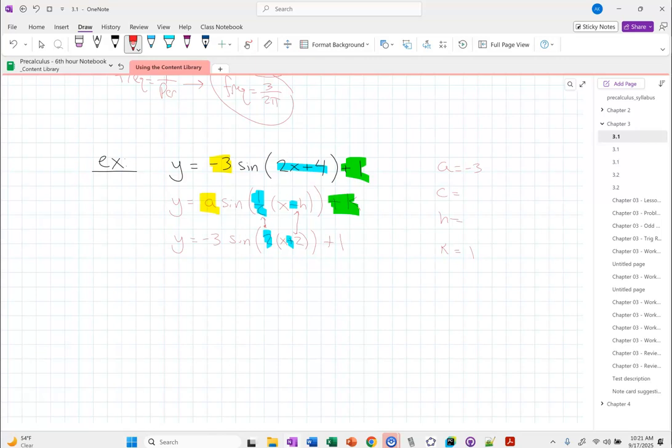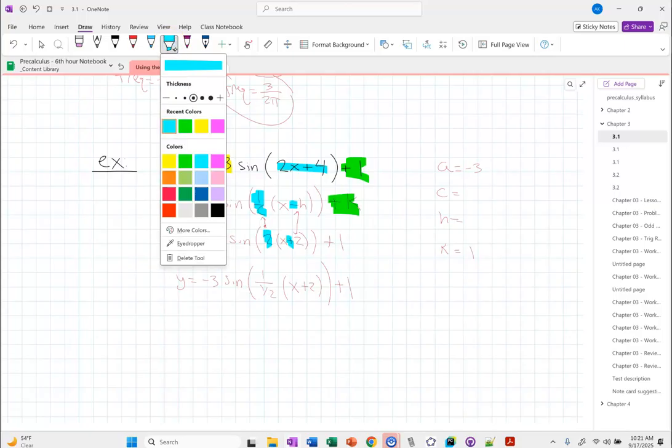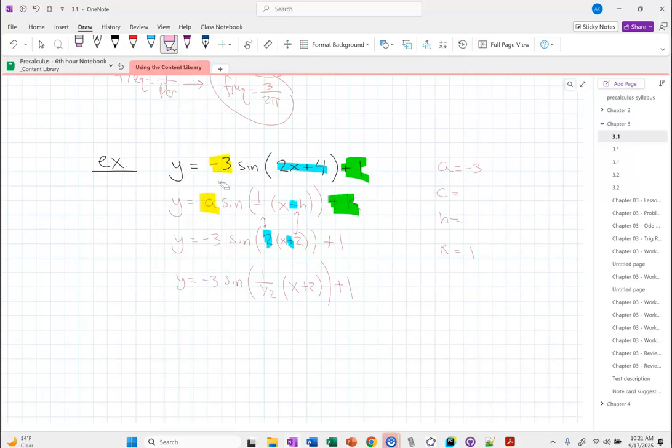So 2 and c are reciprocals. So what that gets you then, Nick, is that our c is 1/2.